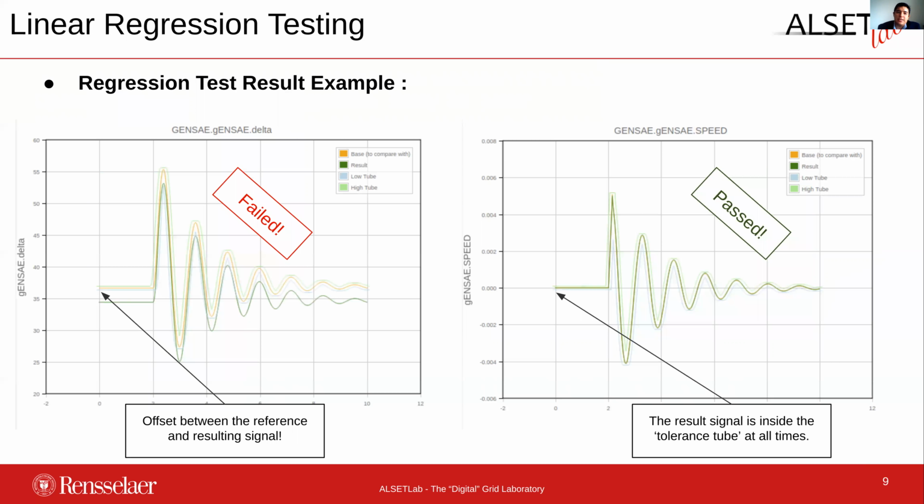For the linear regression testing, we take the PSS/E signal as a base signal, we create an upper and lower error tube, and then we plot the Modelica signal in order to see whether it's inside the error tube or not. If it's inside, then we know it's passed. If it's not, then we take it as failed and do some adjustments.